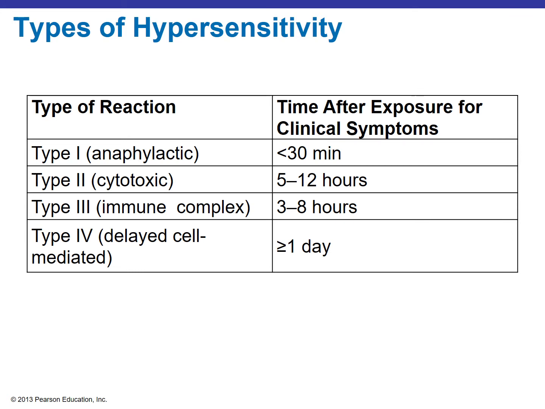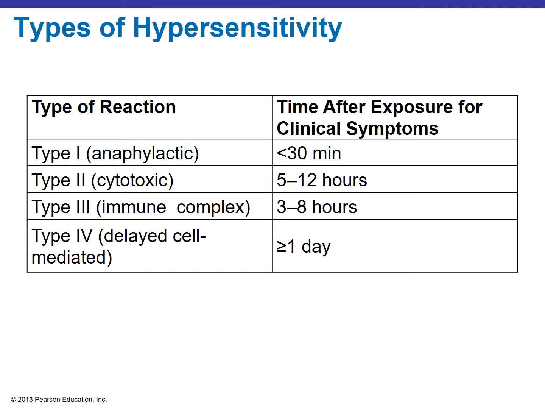So these are the 4 different types that we mentioned, and the time after exposure when you have clinical symptoms. The type 1 anaphylactic reactions can occur between 2 to 30 minutes after exposure.